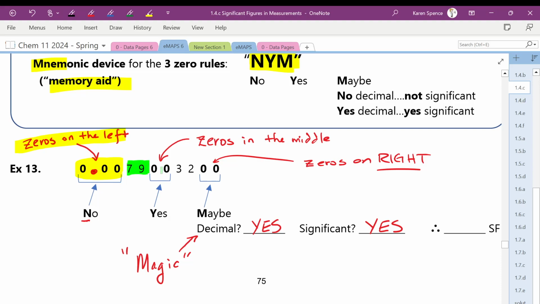And zeros in the middle are significant. And non-zero digits are always significant. And those zeros on the right, remember we said decimal yes, so significant yes. How many significant figures in this number? 1, 2, 3, 4, 5, 6, 7, 8. So there are 8 sig figs in this number.